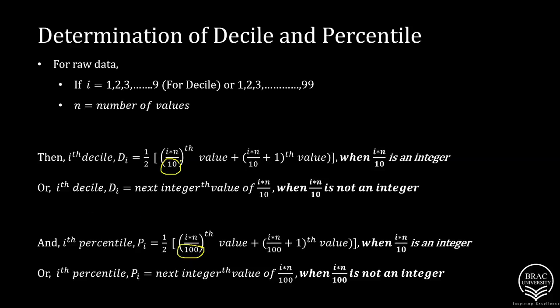All other things are the same, and also the value of i for quartile was 1, 2 and 3, but for decile it is from 1 to 9, and for percentile it is from 1 to 99. So I hope I do not have to read out these formulas again. These are the same as quartile, and you can see this in your lecture slide, or you can pause the video and write it down.